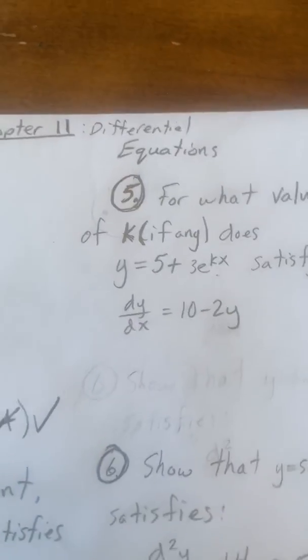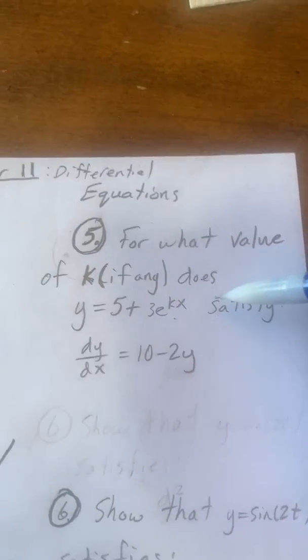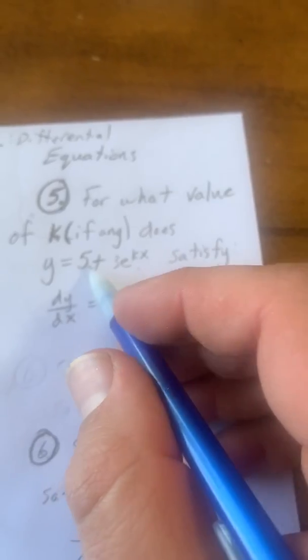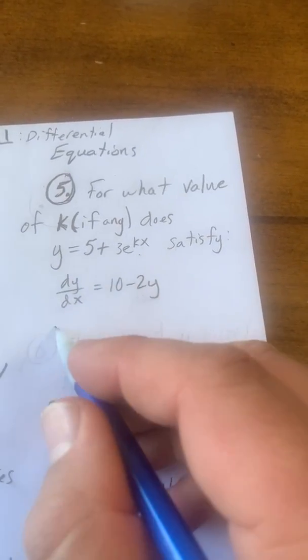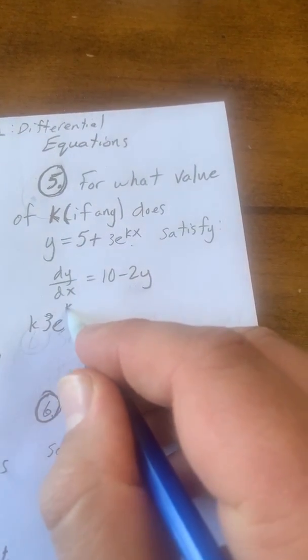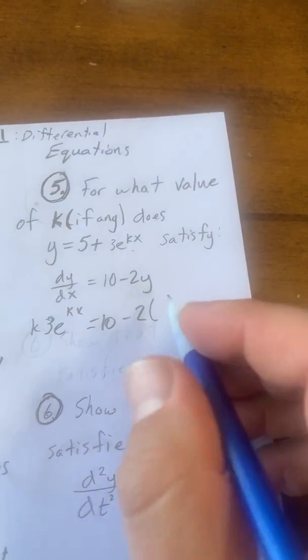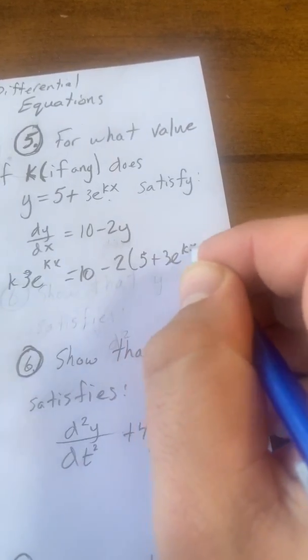If I go up here to number 5, it says, for what values of k, if any, does this function satisfy that equation? So I'm going to take the derivative. The derivative of this, the 5 would go away, and I would get k times 3 e to the kx. On the right, I'm going to get 10 minus 2 times y, which is 5 plus 3 e to the kx.